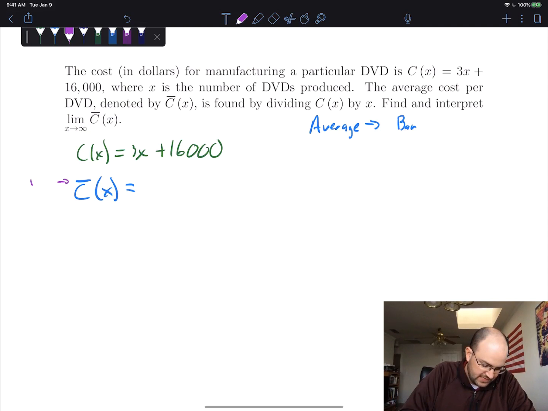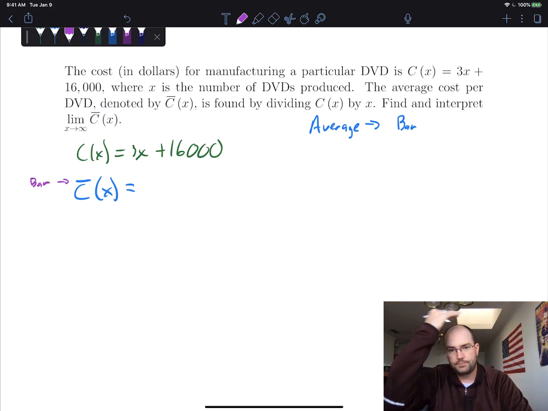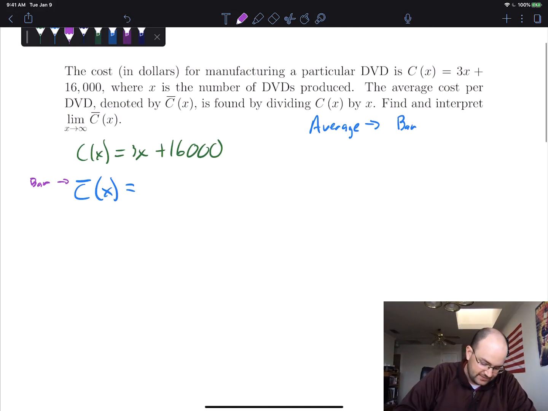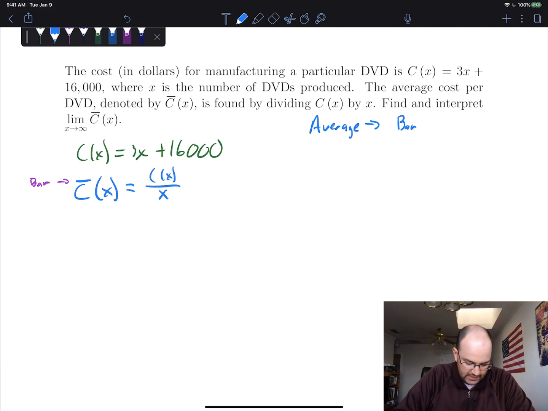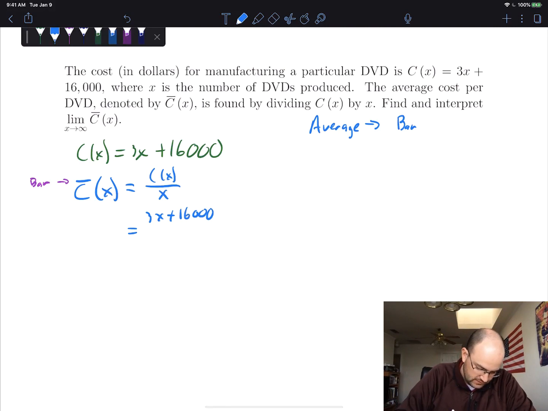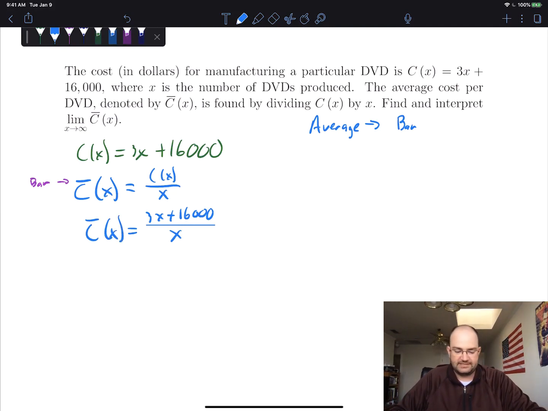That thing is called a bar. So the C, and then it's just a bar above the C. C bar of X is equal to just C of X divided by X. And notice that C of X is just 3X plus 16,000. So it's just 3X plus 16,000 all over X. And that is C bar of X.